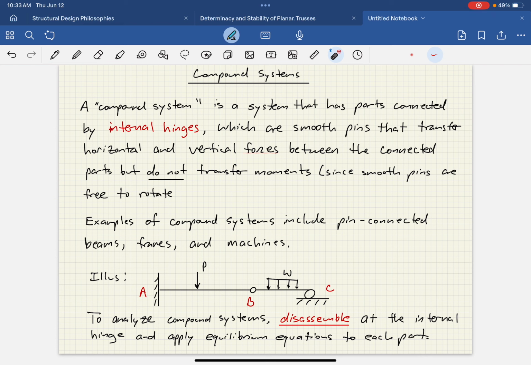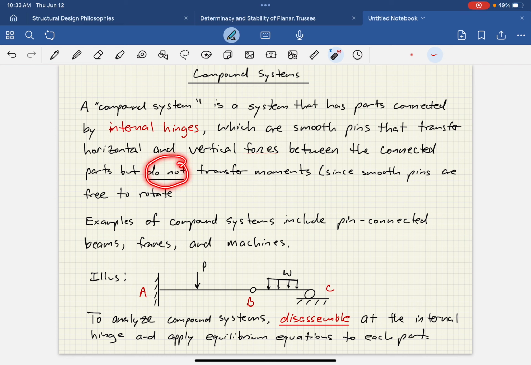So we have these systems that have their parts connected by internal hinges. And what are these internal hinges? Well, we probably know what those are at this point in our knowledge. They are smooth pins that transfer horizontal and vertical forces between the connected parts. But what do they not transfer?